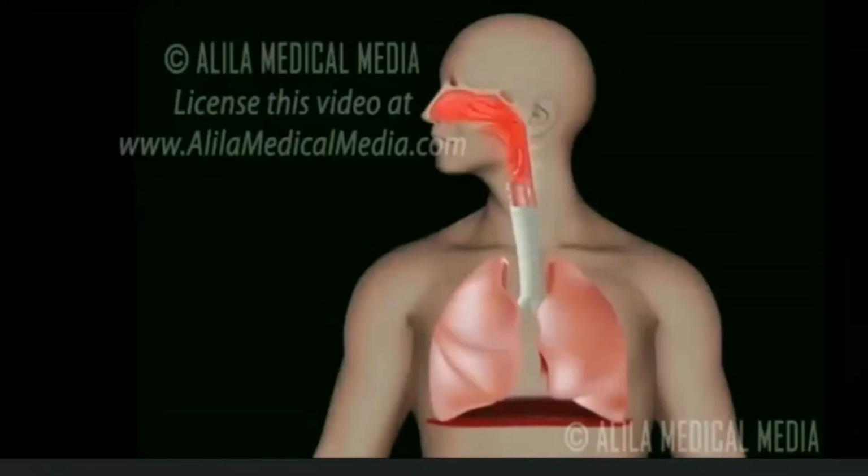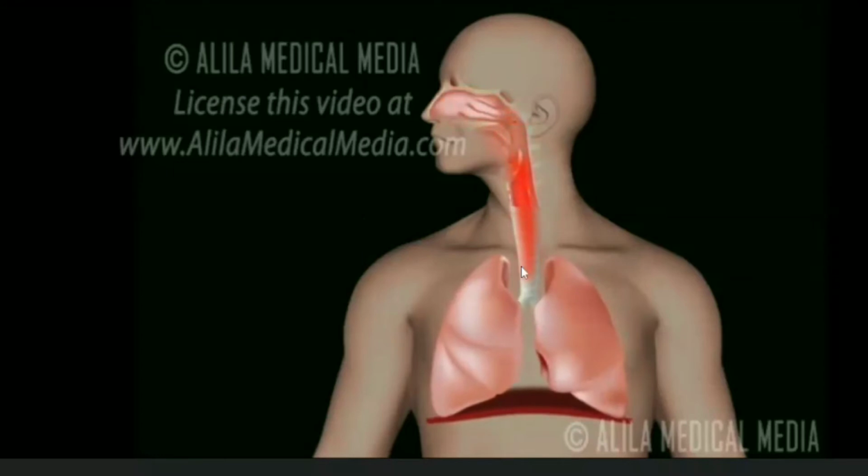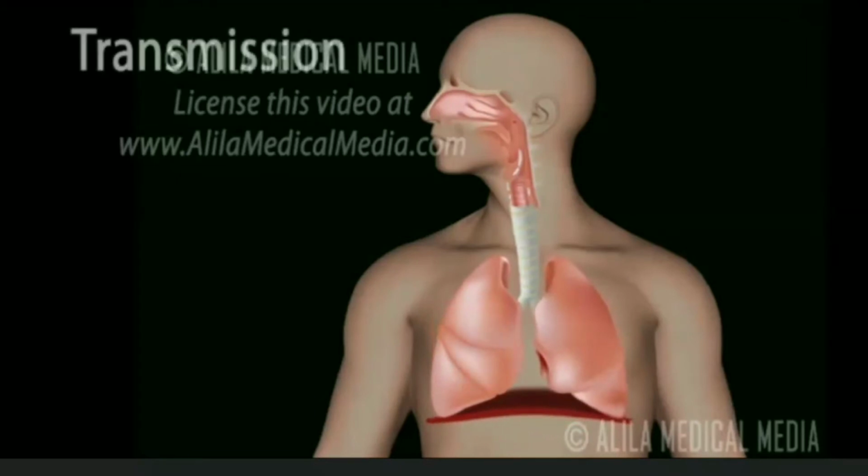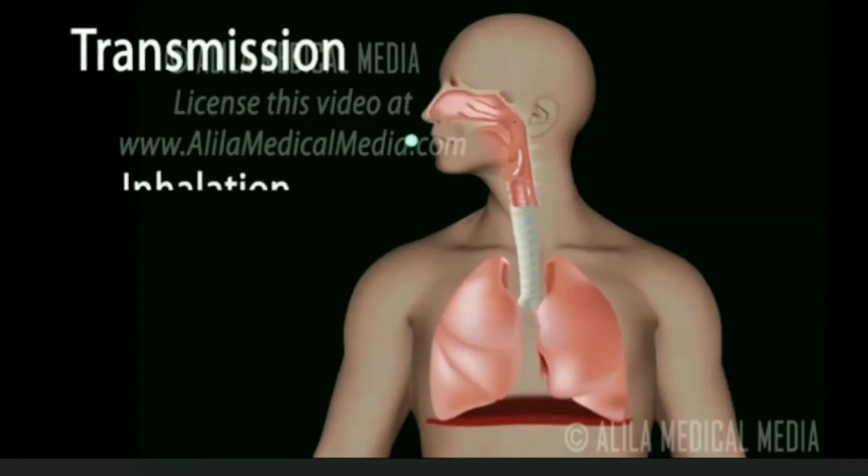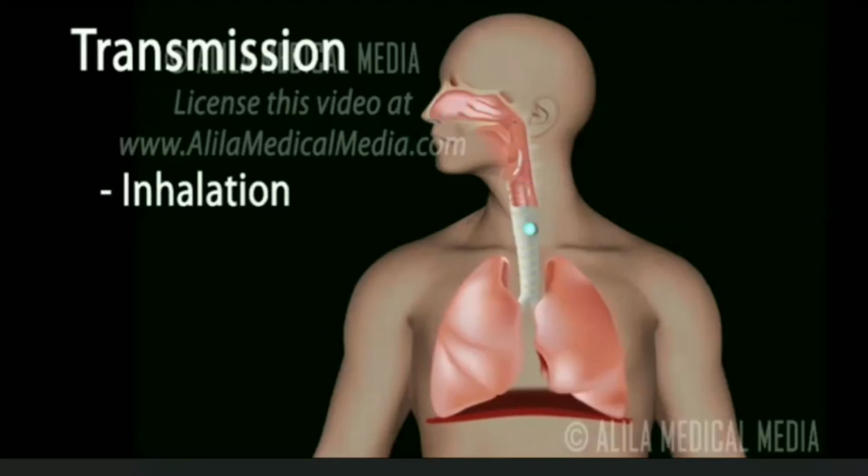So, nagsa-start ang pagkakaroon ng pneumonia. One way is pag nagkaroon ng infection ng ating nasal. Pag nagkaroon ng infection yung nasal natin, bumababa yung bacteria papunta sa lungs natin. That is the first transmission, ang tawag dito is inhalation.